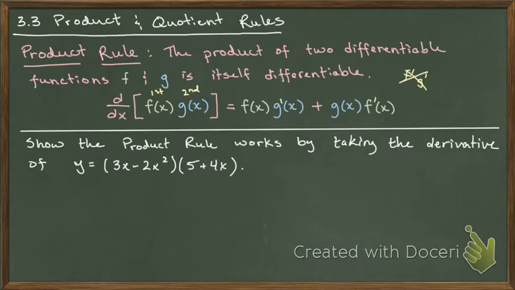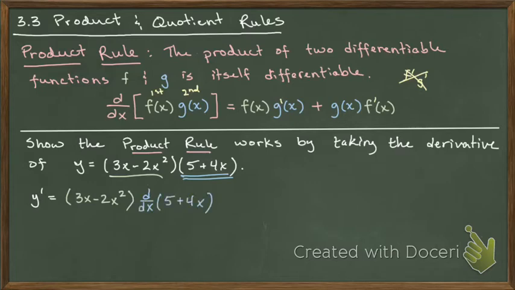Okay, so my product rule tells me that my derivative should be, I've got two functions here, first and second, f and g. So I'm going to read right from my formula there. I take f of x in green, multiply by the derivative, and I'm going to write it just kind of how I would read it, the derivative of g, 5 plus 4x, okay?